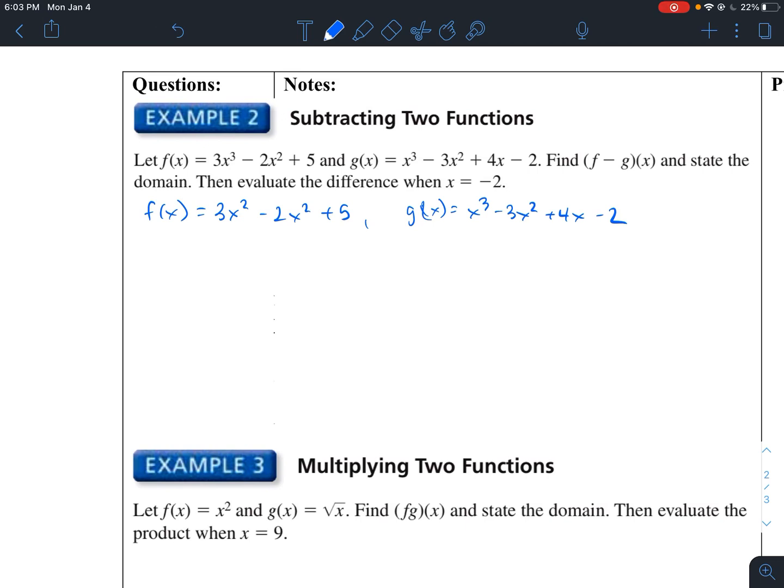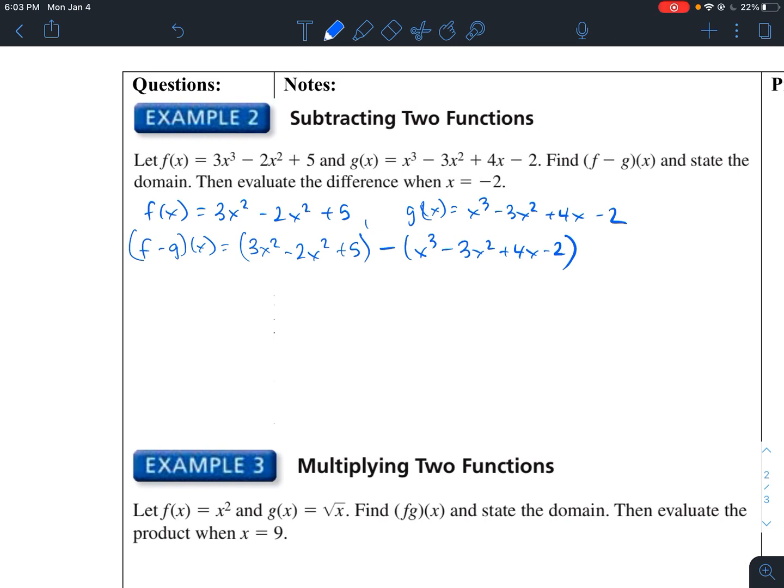So let's just subtract them. So f minus g of x. Let's write f of x first. So 3x squared minus 2x squared plus 5 minus g of x, and g of x is x cubed minus 3x squared plus 4x minus 2.